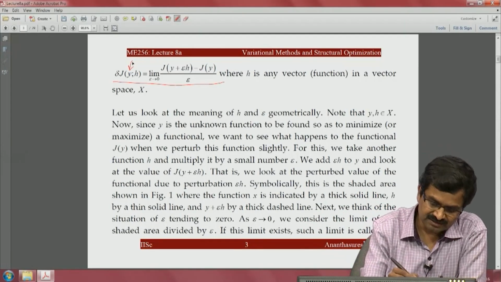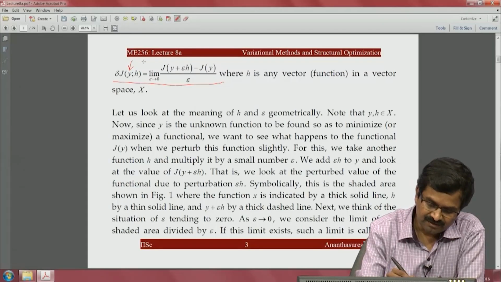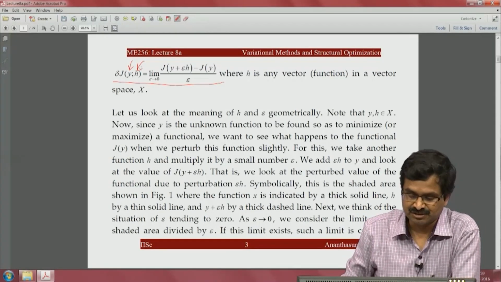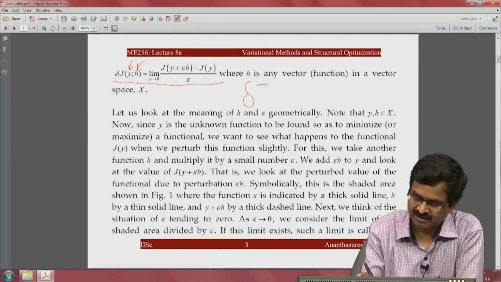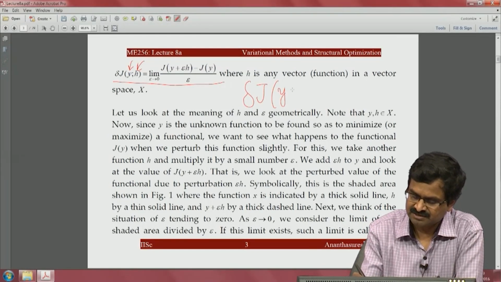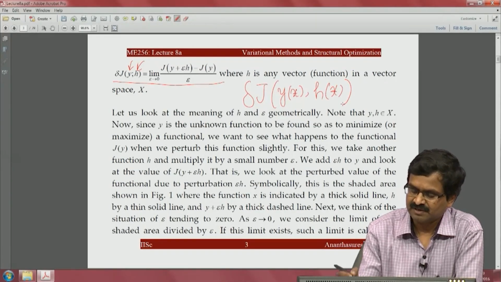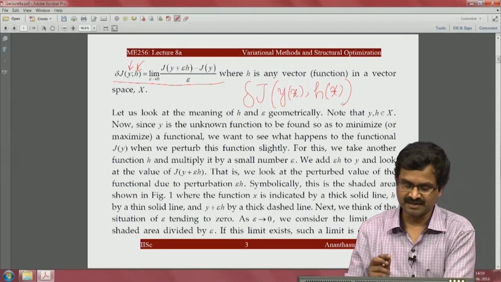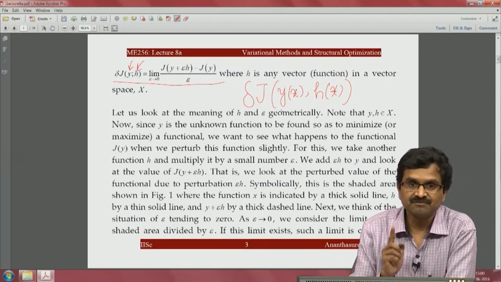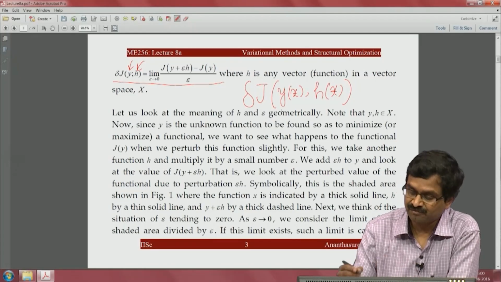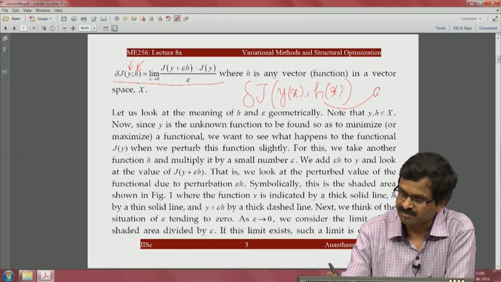So, Gateaux variation depends on the function, but it is also defined in terms of a function h. The Gateaux variation we write as delta j at some y of x, but also there is h of x. That is what is said in all these notes here. So, we have the function y of x, we also take a function that is similar to y of x, but a different one. In fact, this part is arbitrary, that can be anything.